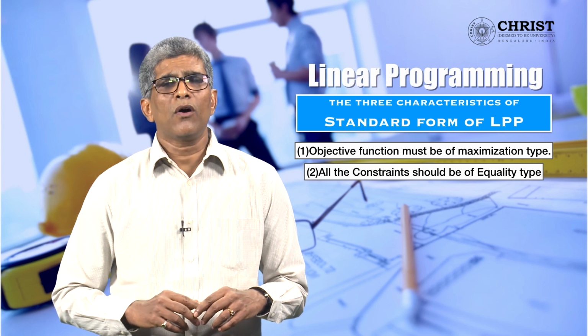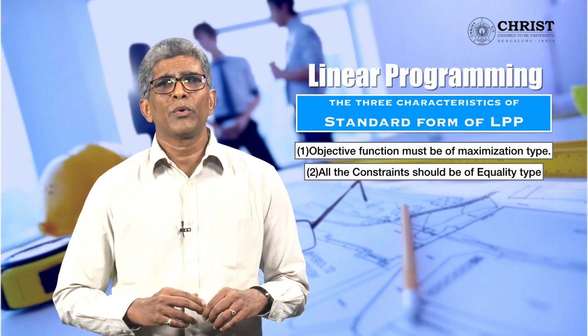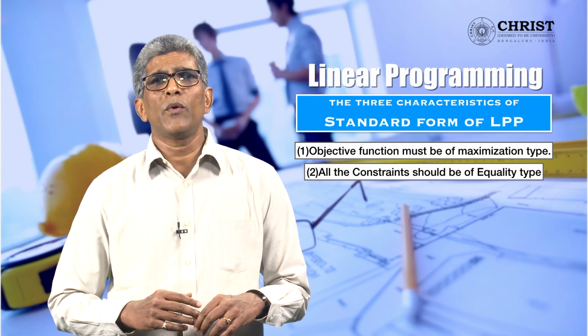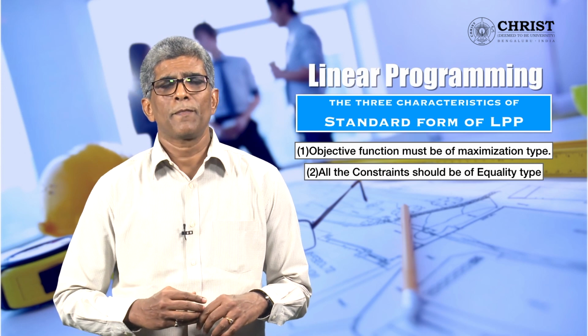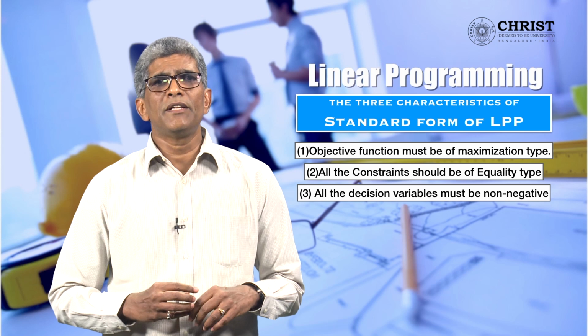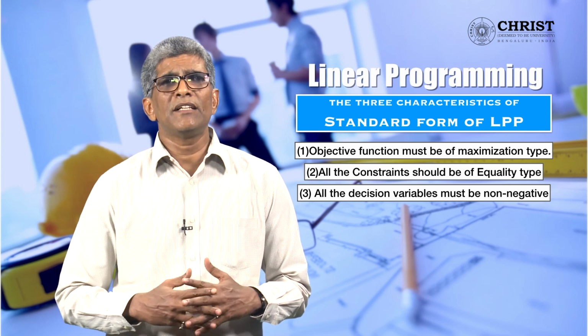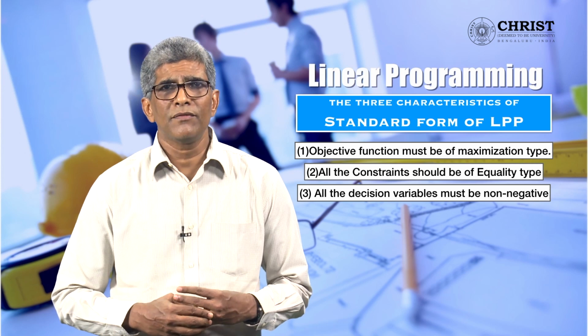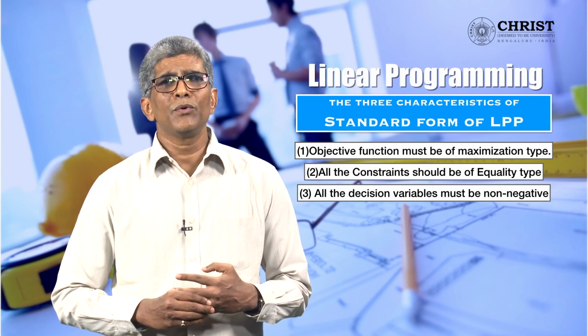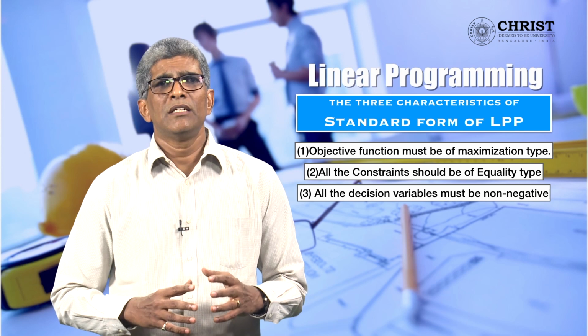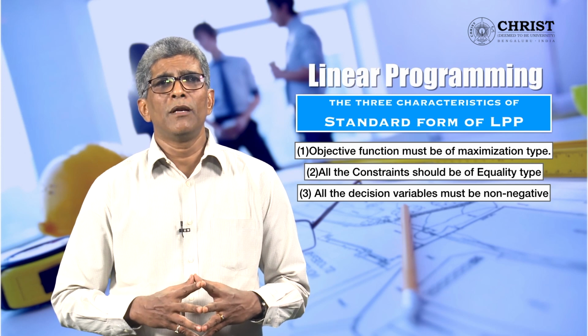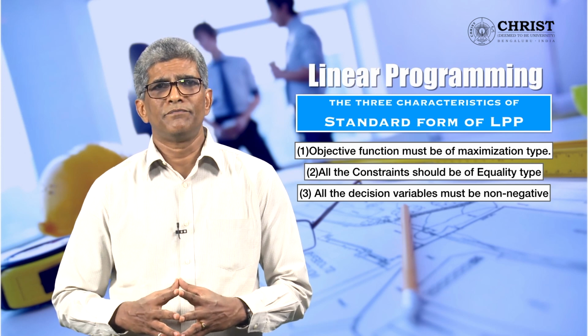Introduce slack or surplus variables to reduce non-equality equations to equalities. Thirdly, all the decision variables must be non-negative. If any decision variable is negative, then introduce two non-negative variables such that the decision variable becomes non-negative.